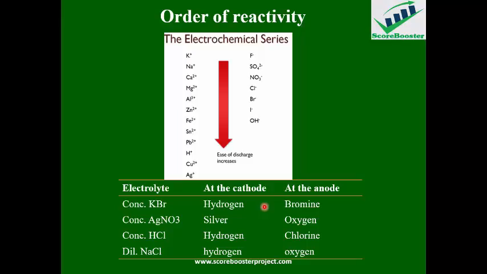This is the electrochemical series that we said. This OH is not from sodium hydroxide, it's from water, because when there is decomposition of water, we have hydrogen ion and hydroxide ion. So now, if you have a solution of iodide, let's say zinc iodide, on the anode we have this and this.